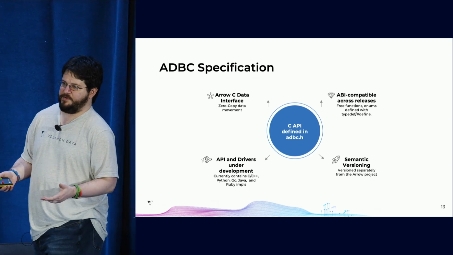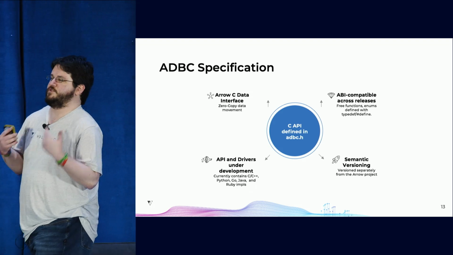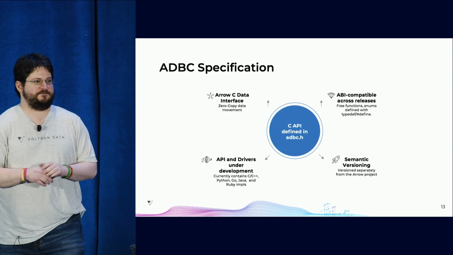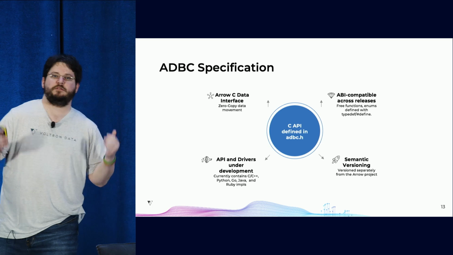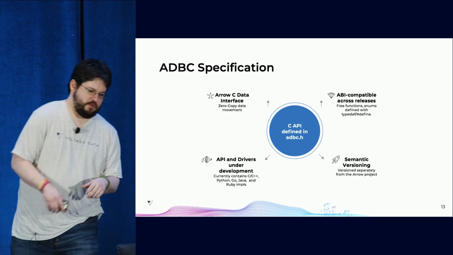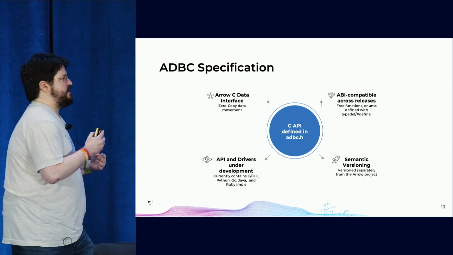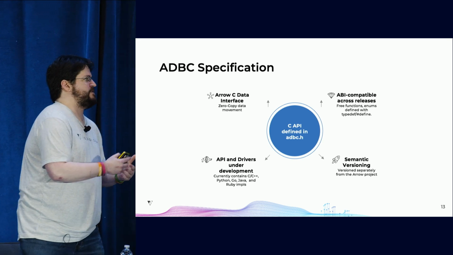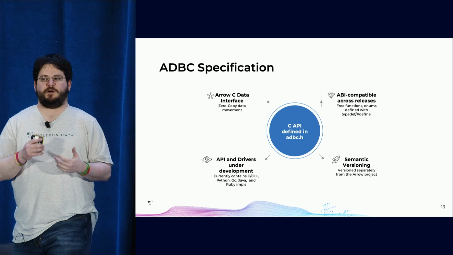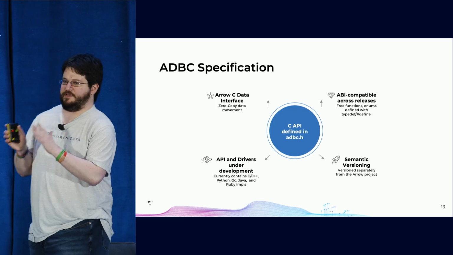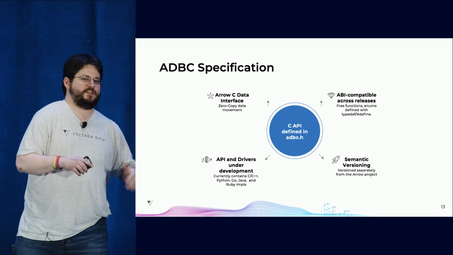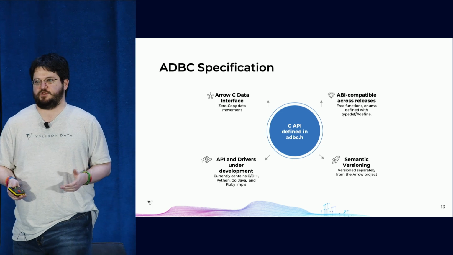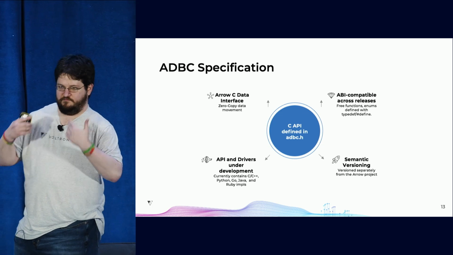There's an R implementation being worked on, and so on and so forth. If you have ideas or want to help contribute, please do. The idea is that the header file uses free functions, typedefs, and enums to maintain as much ABI compatibility across releases as possible, so that things don't break out from under you. As long as you can meet the interface, you work.